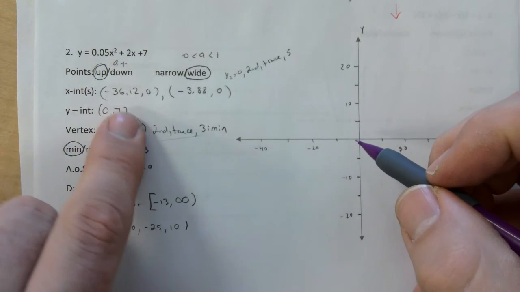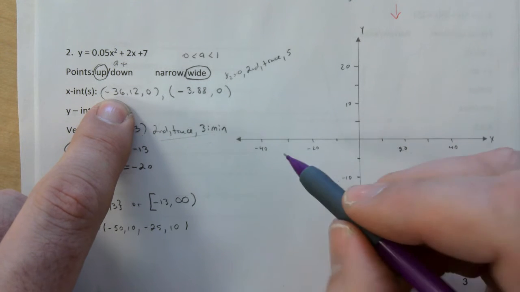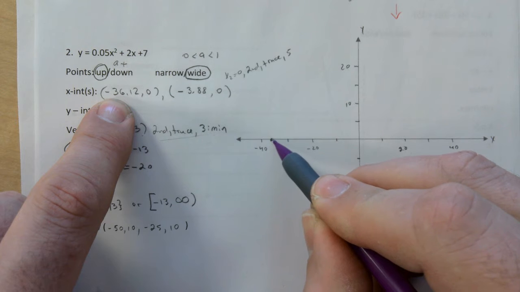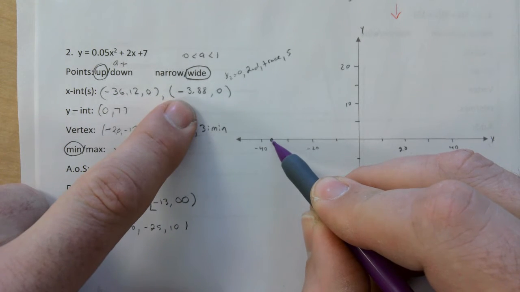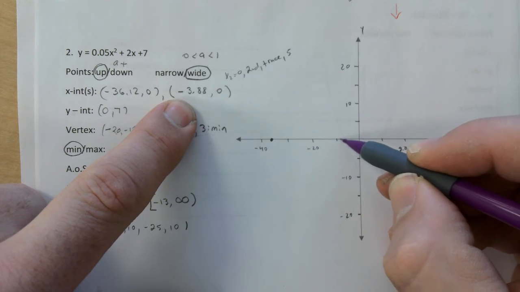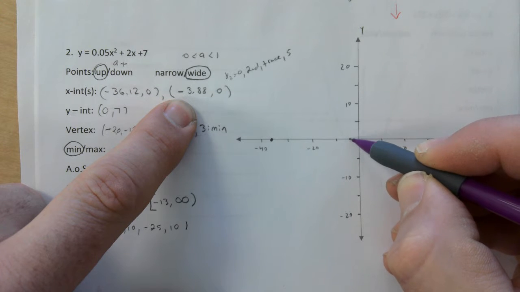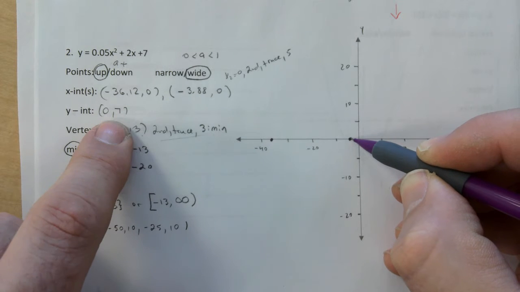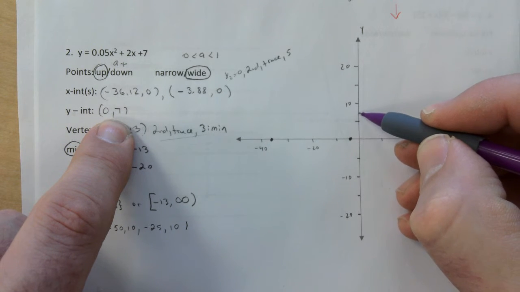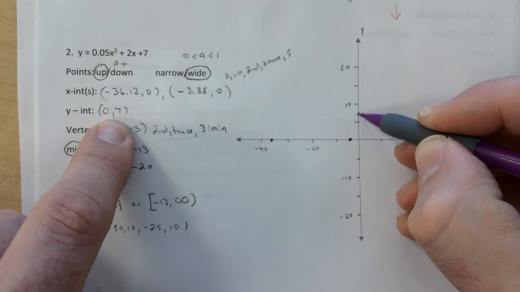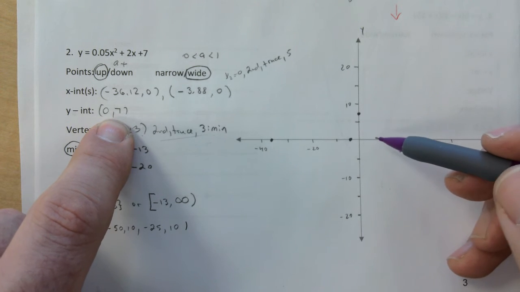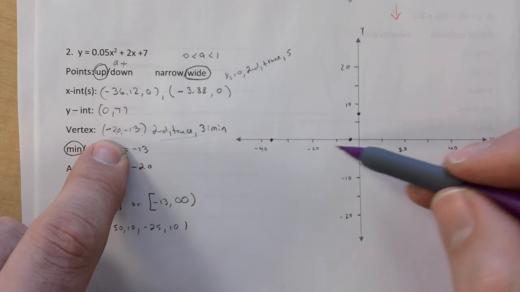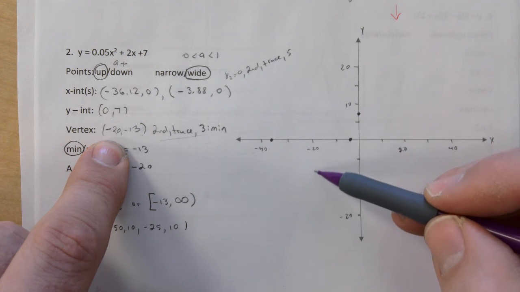So let's plot our points. Negative 36 would be right about here, okay? Negative 3.8, if this is 10, then it's like 4 here somewhere in this neighborhood. And then 0.7 puts me right about here. Those are my intercepts, and then the vertex is negative 20, negative 13.